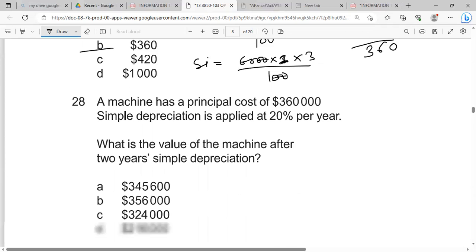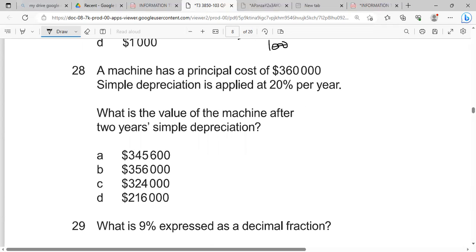A machine has a principal cost of 360,000. Simple depreciation is applied at 20% per year. What is the value of the machine after 2 years? Let me talk about what they mean by simple depreciation. In CSEC, depreciation is normally reducing balance.